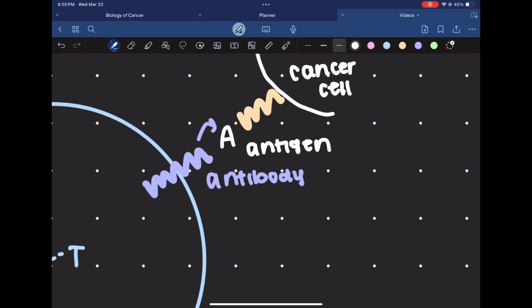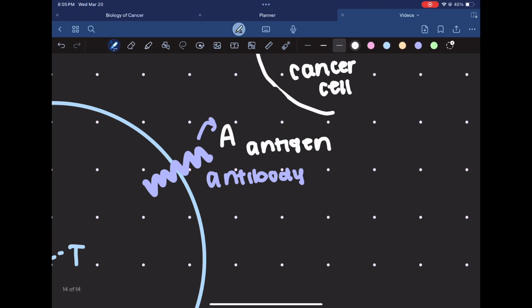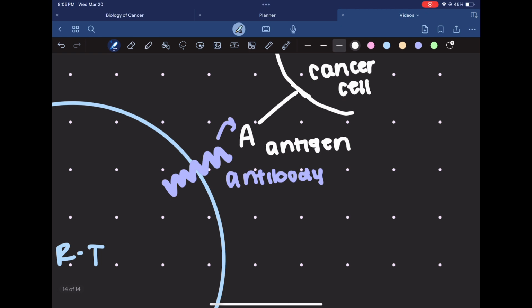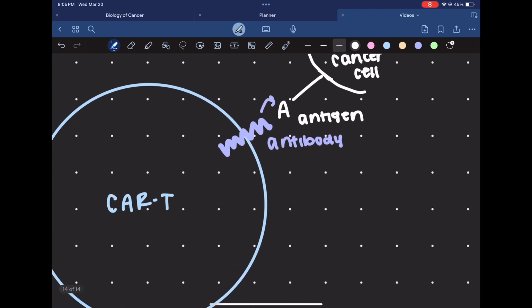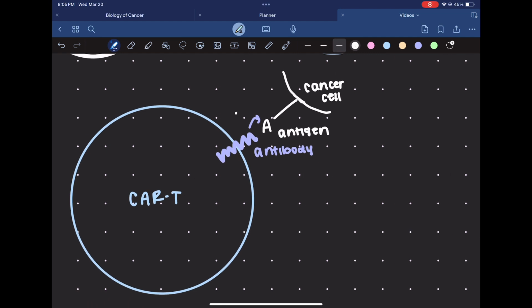But one interesting thing here is that I've included this MHC1 molecule because normally we would need MHC1 to recognize this antigen. However, with these antibodies, that's not the case, so I can get rid of that. And we just need the presence of this antigen on the surface of this cancer cell in order to recognize it. So even if it's gotten rid of MHC1, we can still recognize this antigen. So that's our first modification.